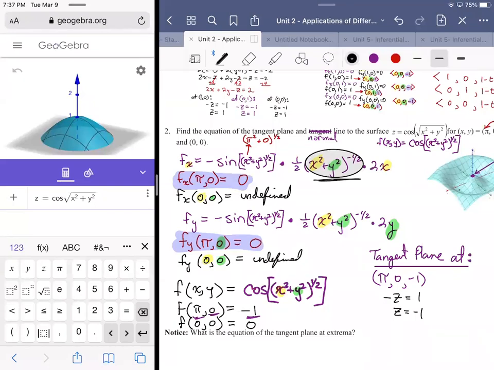Right, so that seems to be the reasonable portion of the function. I'll zoom out in a second. So let's take a look at z equals -1. Now let's also get the point of pi, comma, 0, comma, -1.